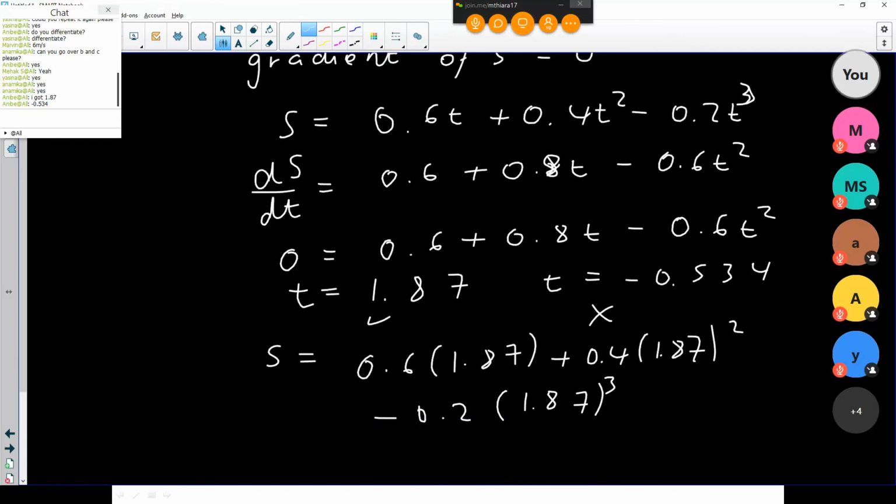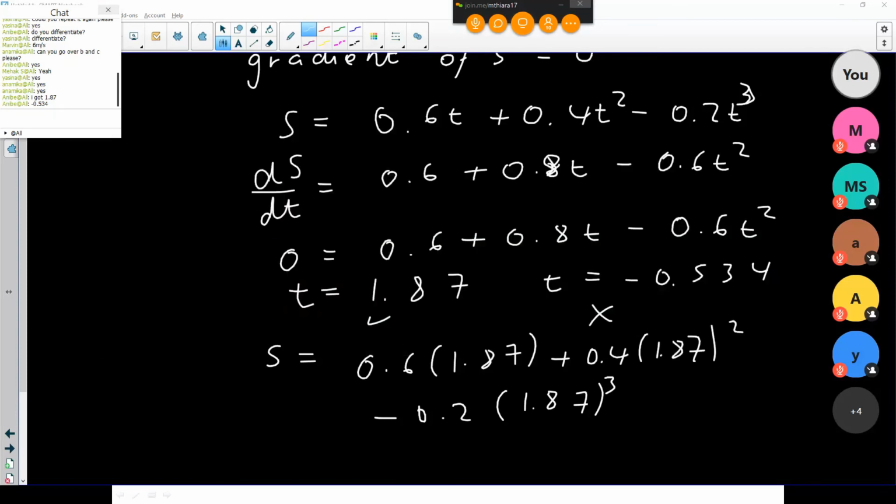All I've found from doing this quadratic is the time when it is at a maximum. To find the actual maximum distance, I'll need to substitute that t back into the expression for s and get some value.